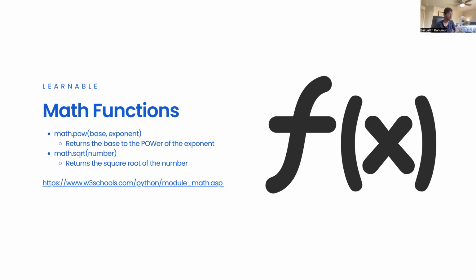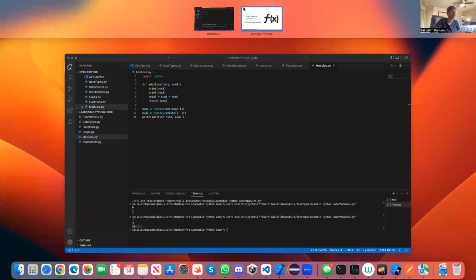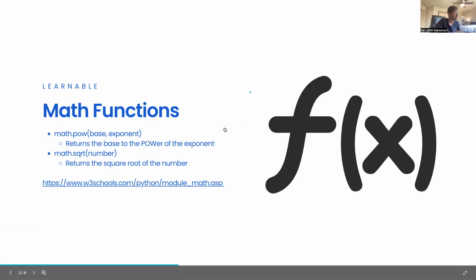But we're just going to go through the basics, and all the other functions work like this. If you understand how modules work, based on what we did in the last class and what we're going to do this class, you have the tools to use any function that you want based on this link here.